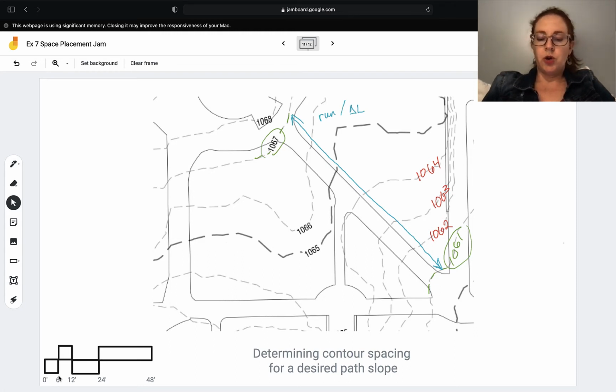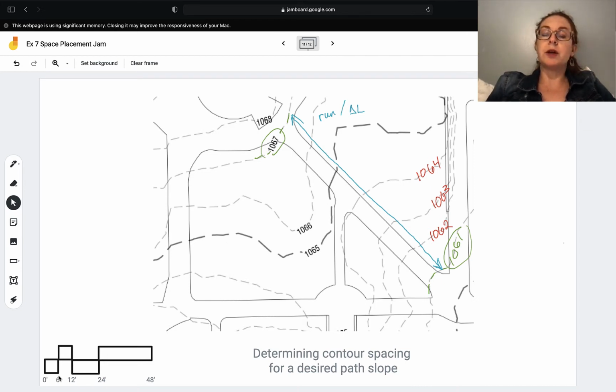And I know that over that length, and we'll get to what that is in just a second, I've got to change 1 foot, 2 foot, 3 foot, 4 foot, 5 foot, 6 feet total. Okay. So what I need to figure out is how to space those contours.